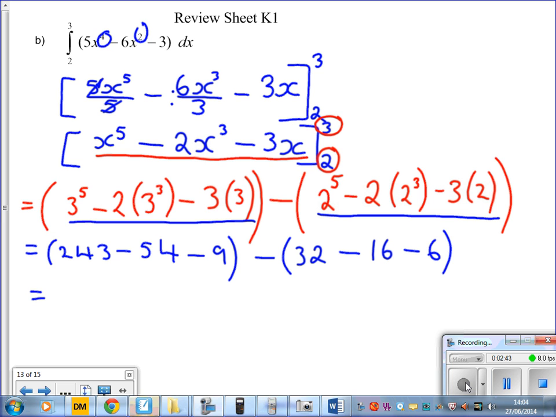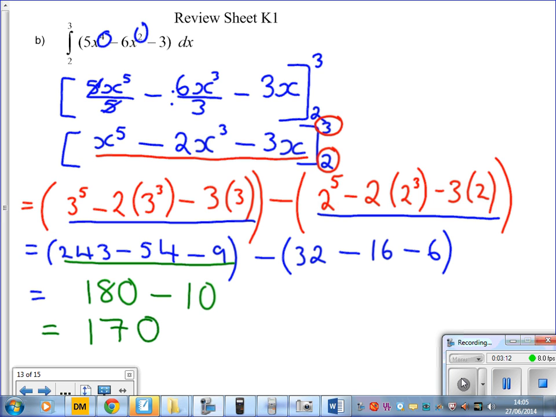So 243, take away 54, take away 9, I'm left with 180 from here. And then take away 32 minus 16 minus 6 is 10. 180, take away 10, the answer is 170.